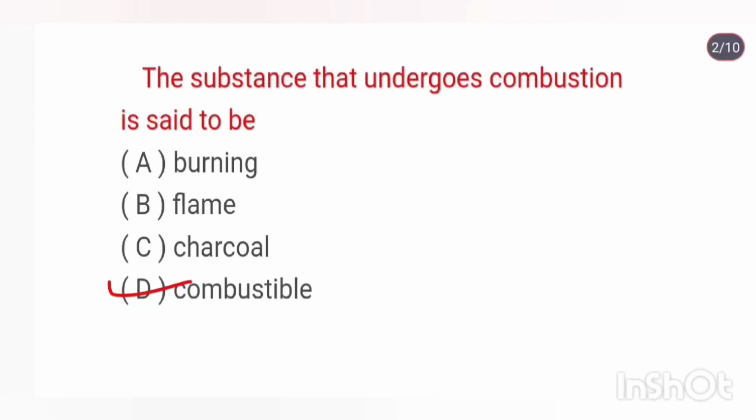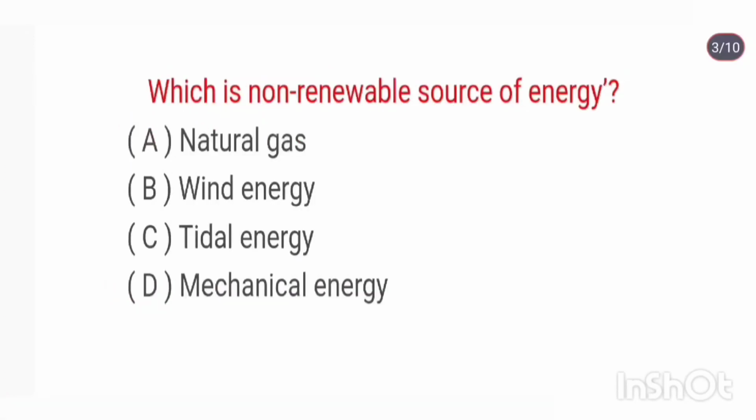The substance reacts with oxygen and releases heat, which is a non-renewable source of energy. Natural gas. Non-renewable sources are the resources that cannot be replenished by natural means at the same rate. Natural gas is stored under high pressure as compressed natural gas.